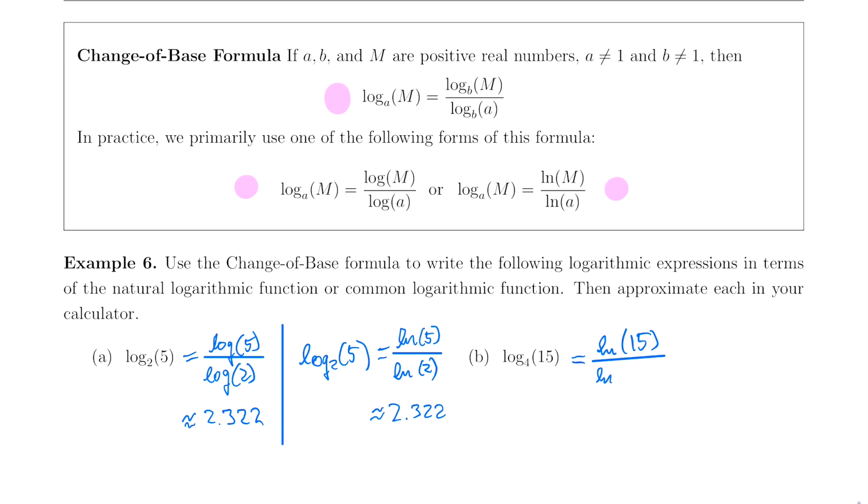And I divide by ln of the base 4, and then when I type that into my calculator, I get 1.953 as an approximate answer. And so you can use that for any logarithm you ever need to find that is not already in the base 10 or to the base e.